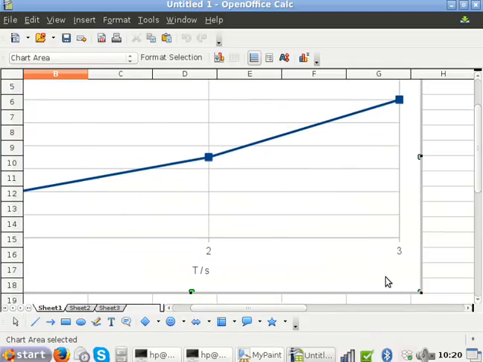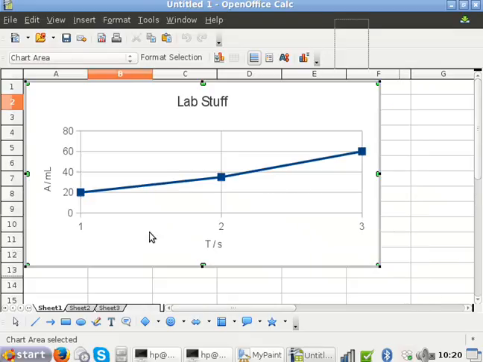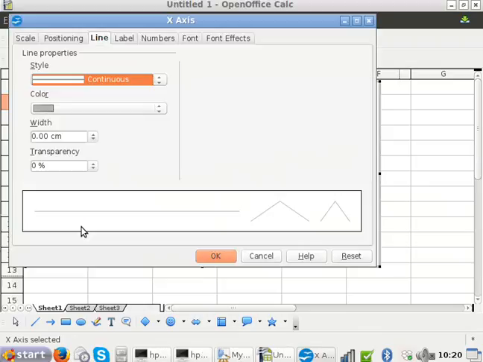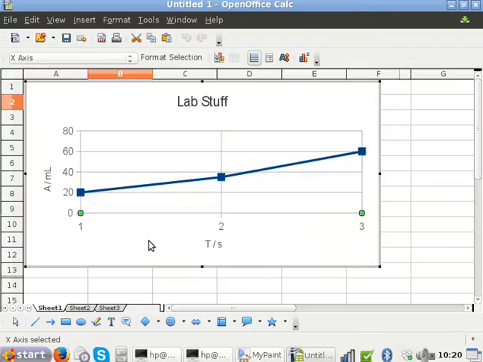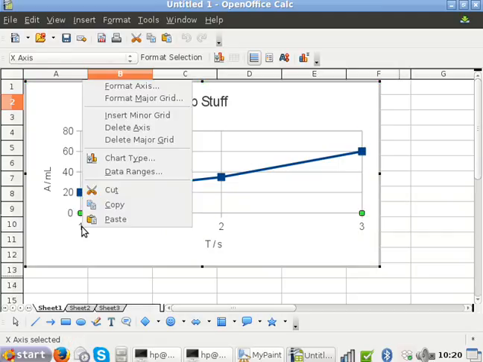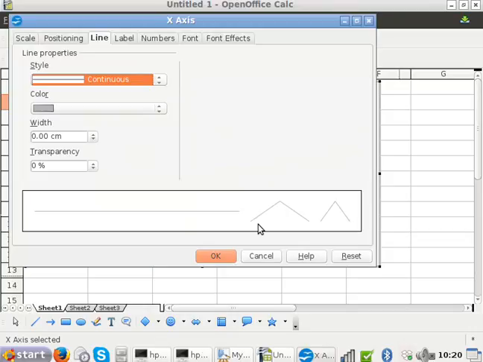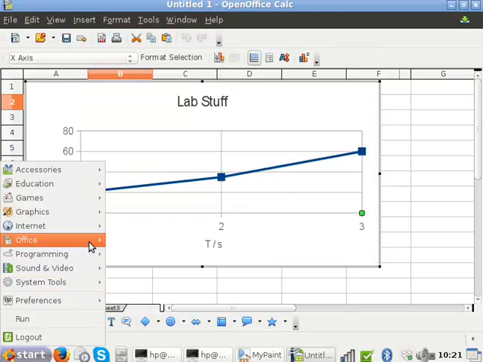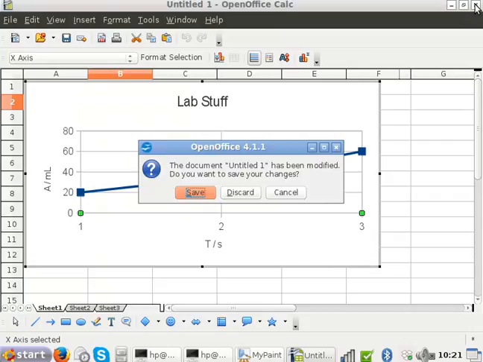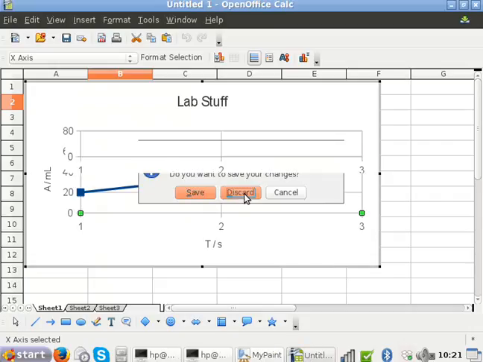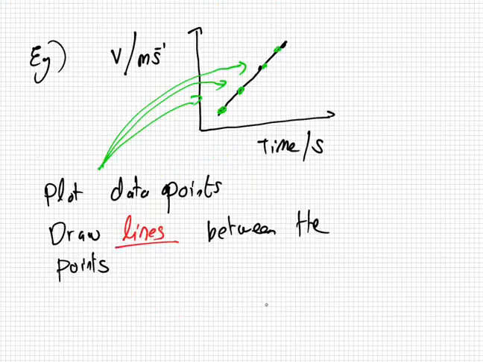Now, you'll notice that on my graph here, the time units are not correct. I'll have to fix that. I think I can. Oh my goodness. Yeah, I'm going to use Office. Let's first draw it by hand.